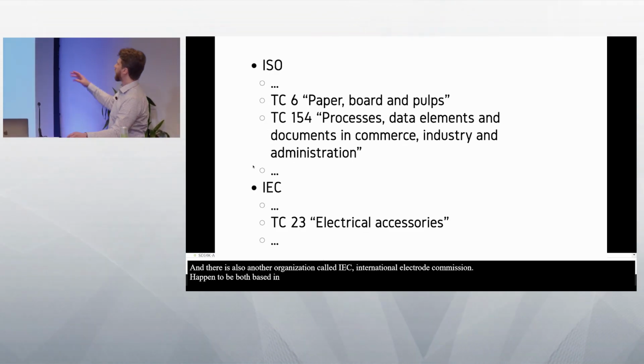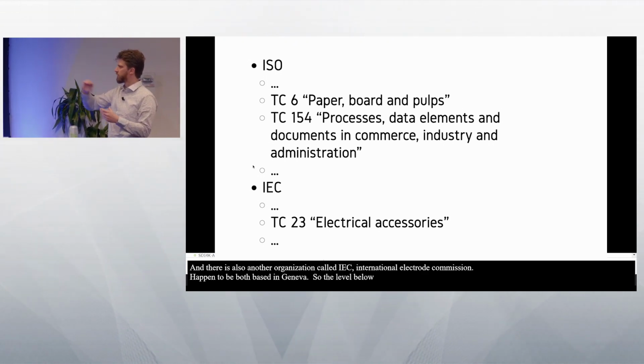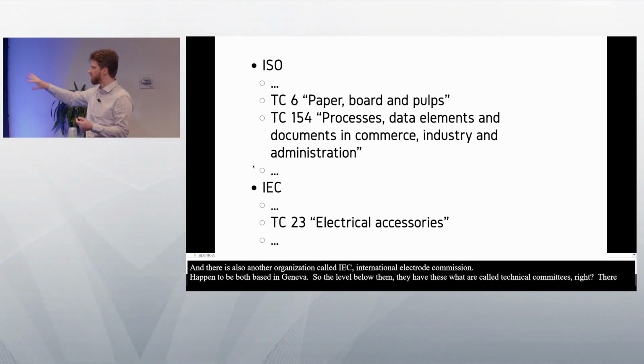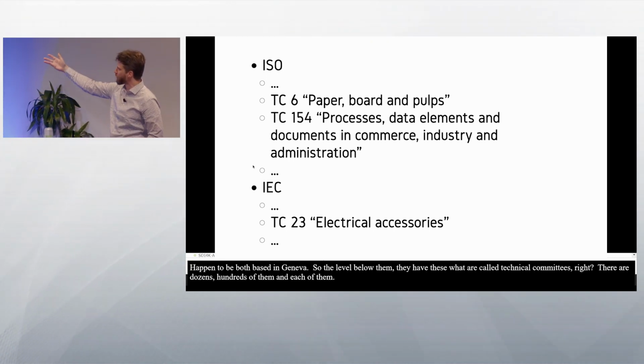So at the level below them, they have what are called technical committees, right? And there's dozens, hundreds of them in each of them, and they have numbers. TC 6, for example, has a title, deals with paper and board and pulps, whatever.